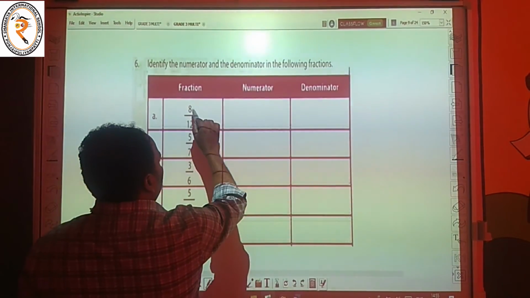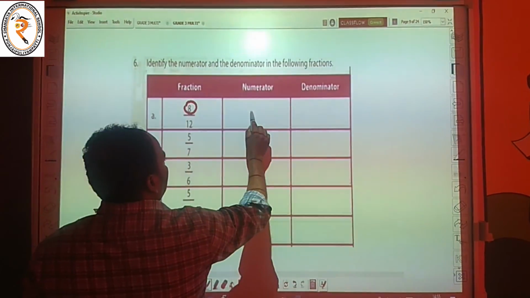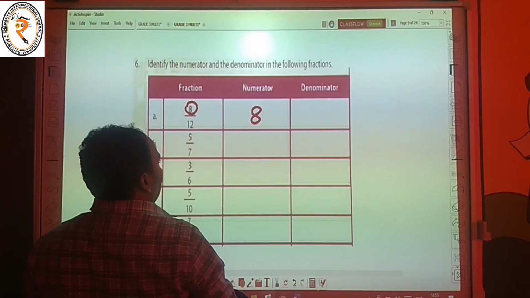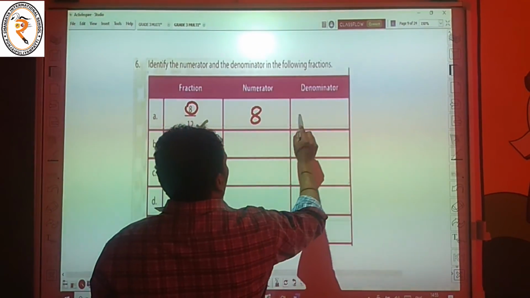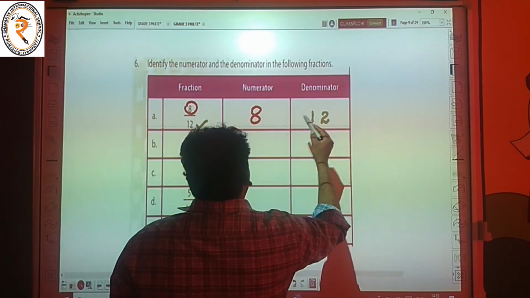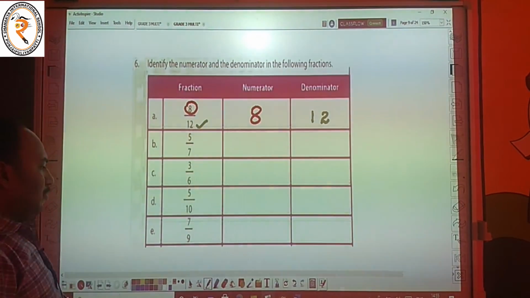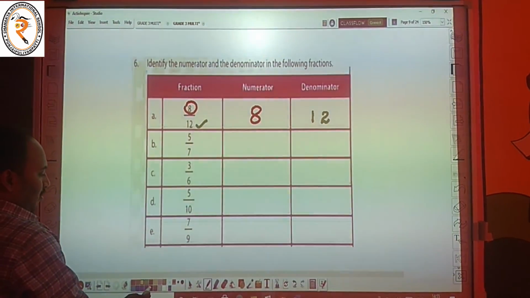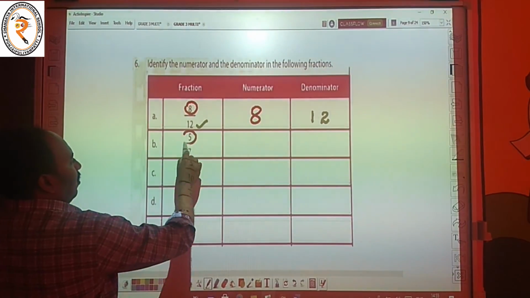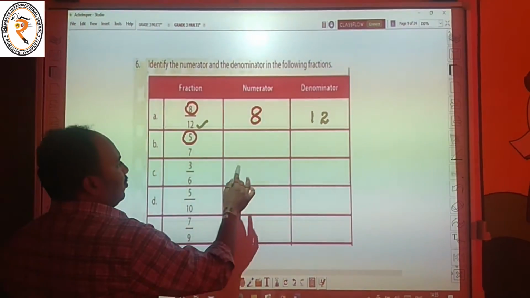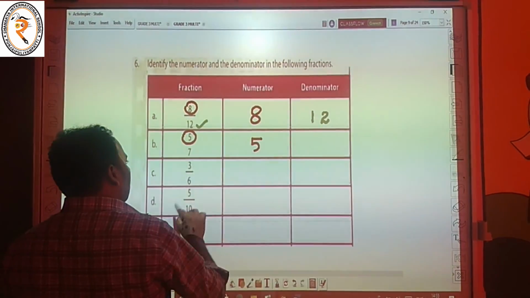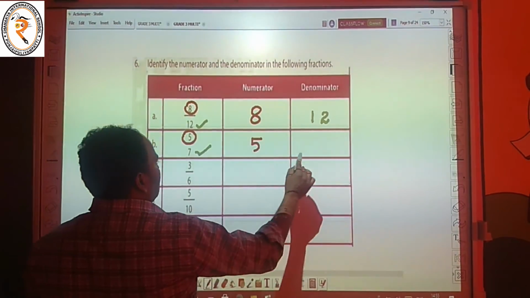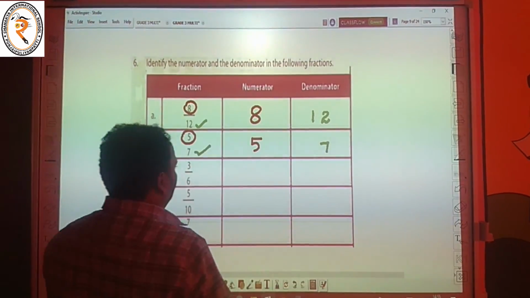Here the numerator, the upper part, is 8, and the denominator is 12. The B part, 5 by 7: the upper part 5 is the numerator and the lower part 7 is the denominator.